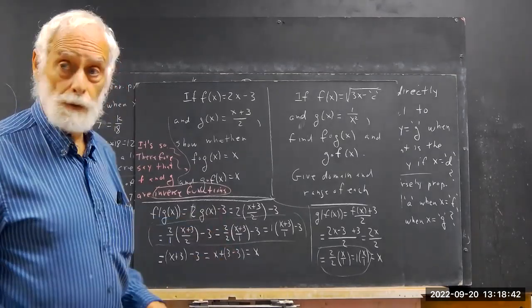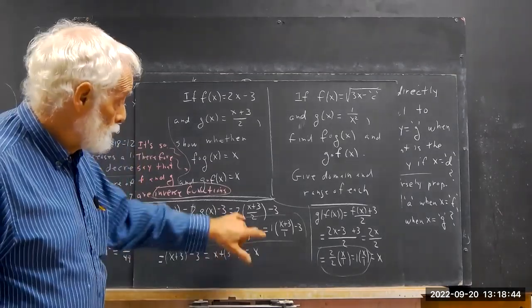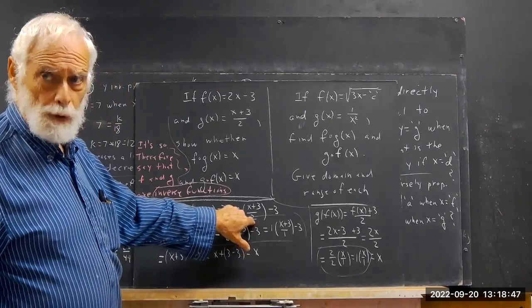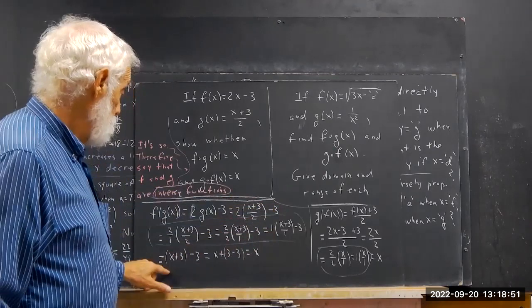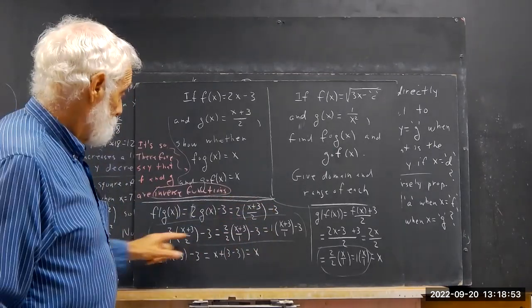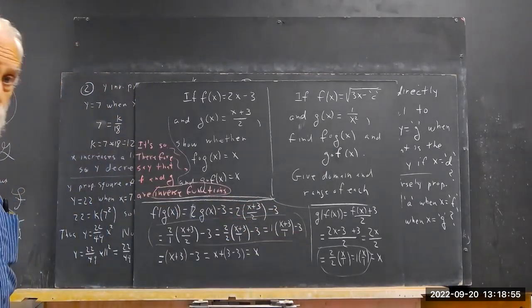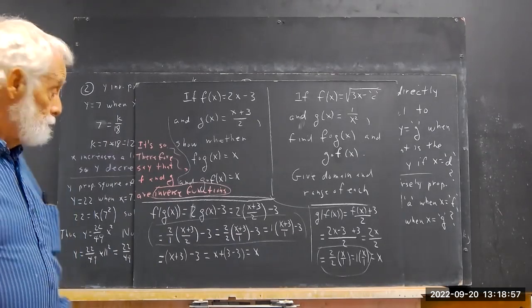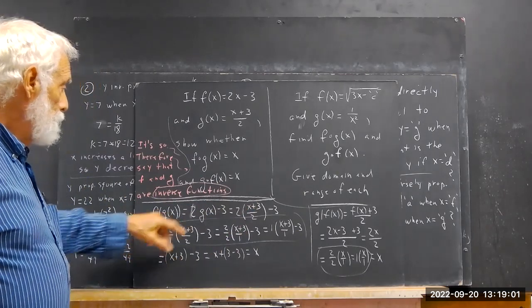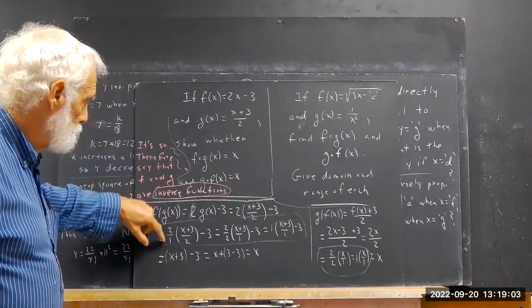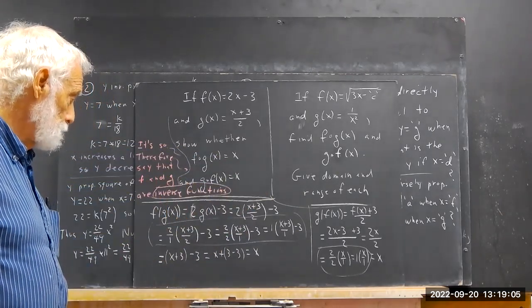You want to make sure that you really can do it, so that you can get rid of those 2's and get just plain old x plus 3 down here, minus 3. You have to understand the rules for fractions. You can write this expression as 2 over 1 times x plus 3 over 2.